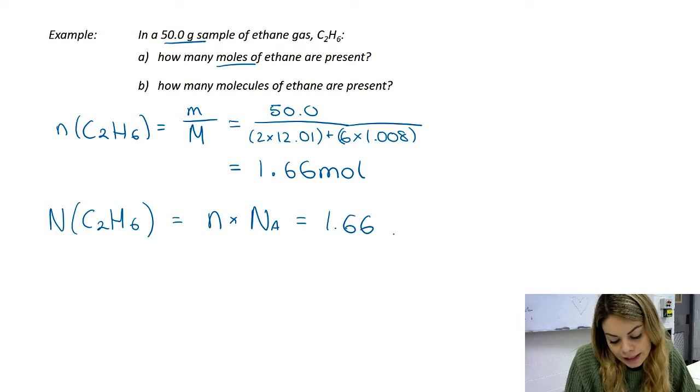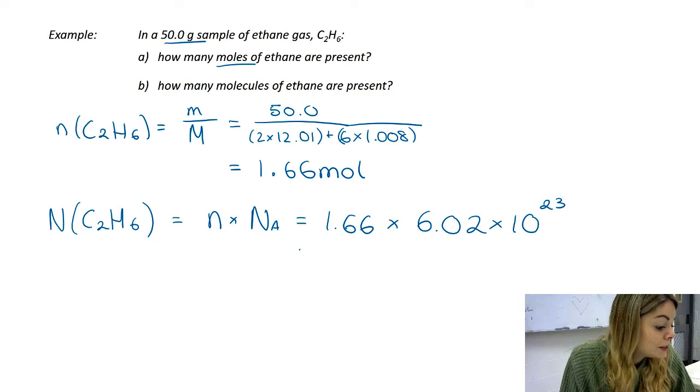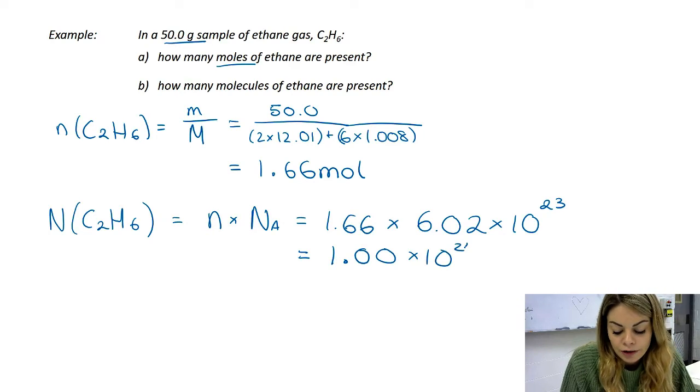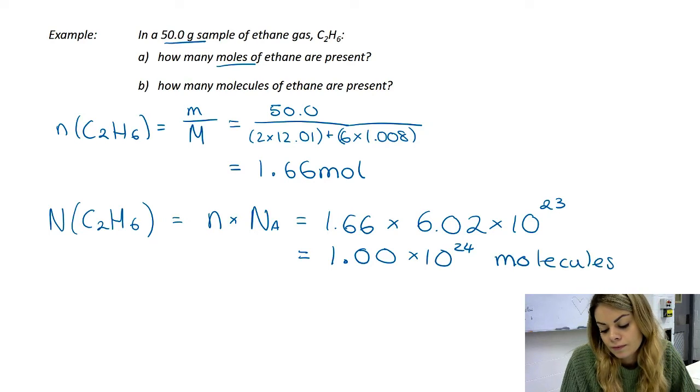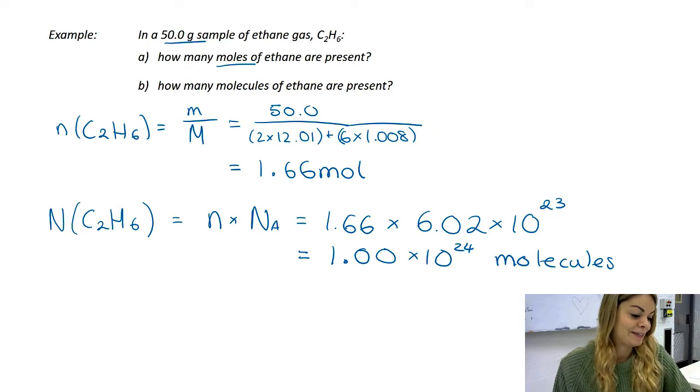So 1.66 times 6.02 by 10 to the 23 equals, that's a nice number, 1.00 by 10 to the 24 molecules. Okay, lovely. Next.